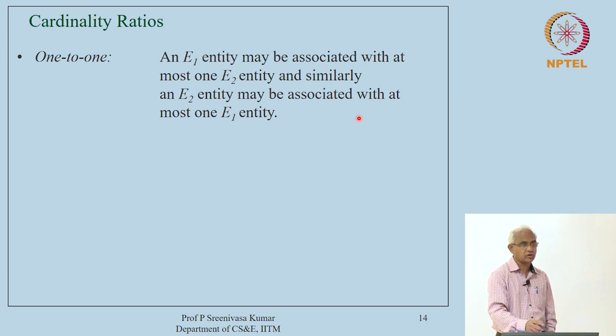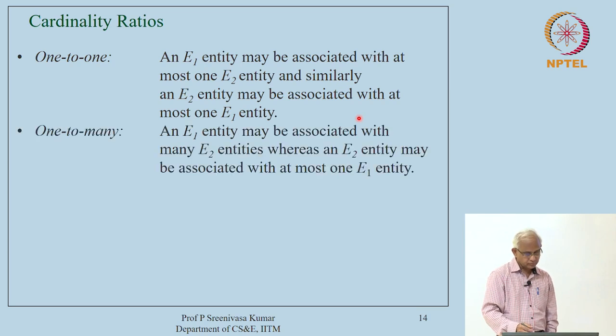If that is the case, we call it a 1 to 1 relationship type. On the other hand, 1 to many means an E1 entity may be associated with many E2 entities, whereas an E2 entity may be associated with at most one E1 entity.